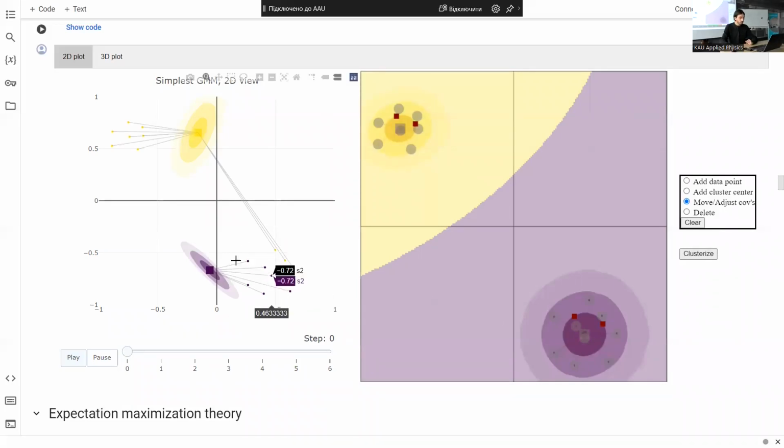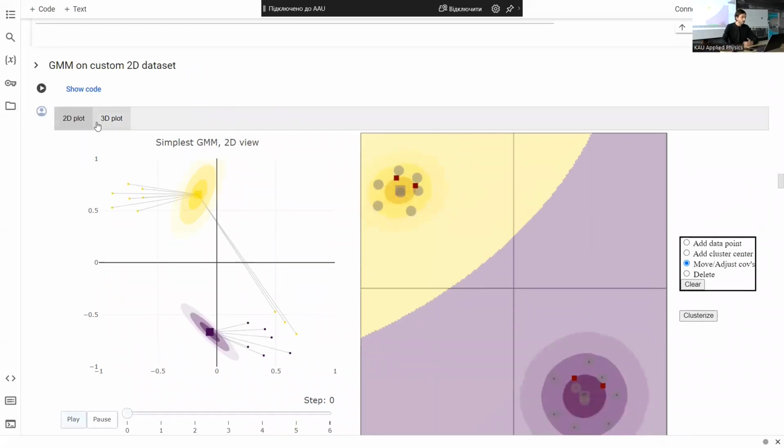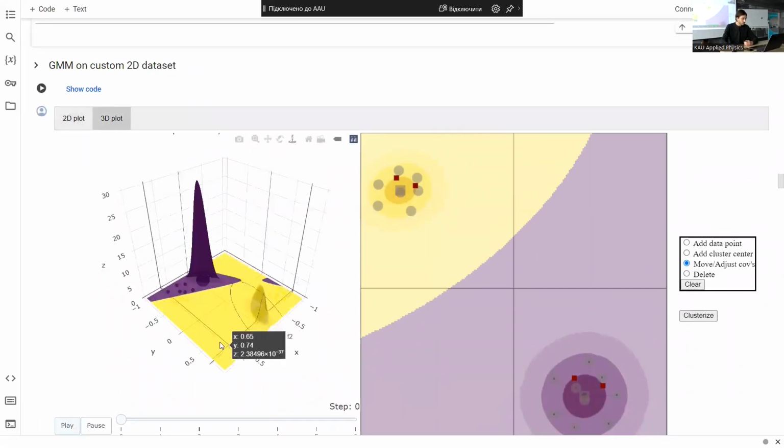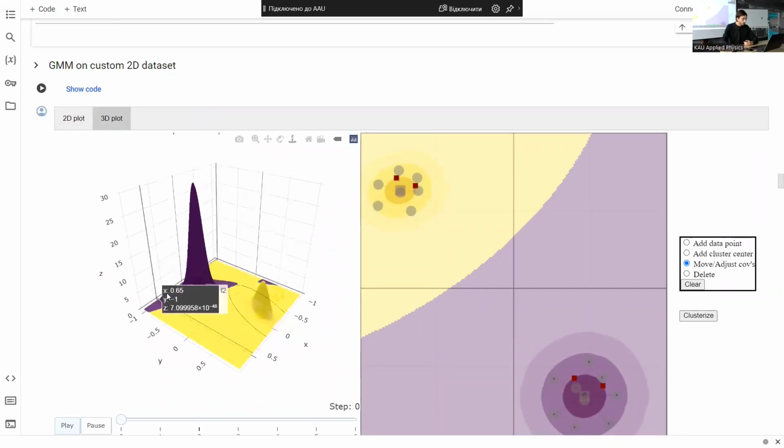Here in the picture, I'm connecting points with lines to the distribution where its probability is higher. But of course, in the calculation, both numbers take part. So here is the 3D. Yeah, so I have two distributions, and I'm trying to prescribe these points to one of the distributions.